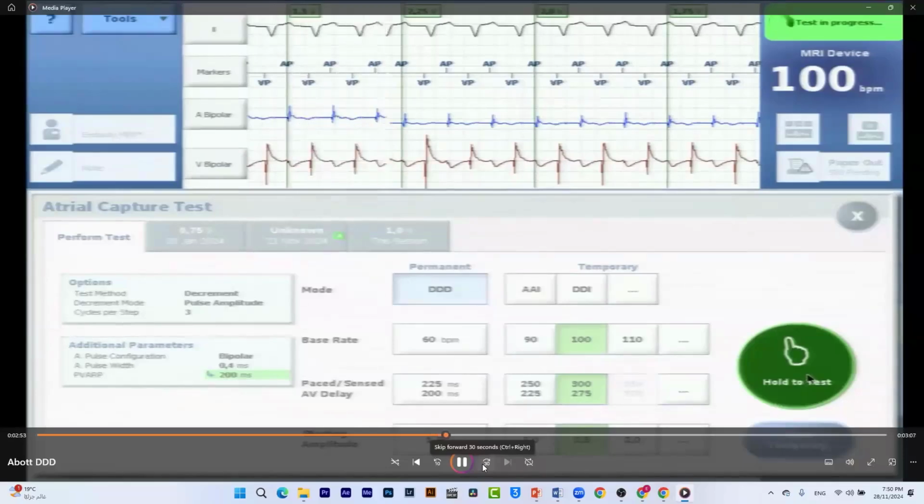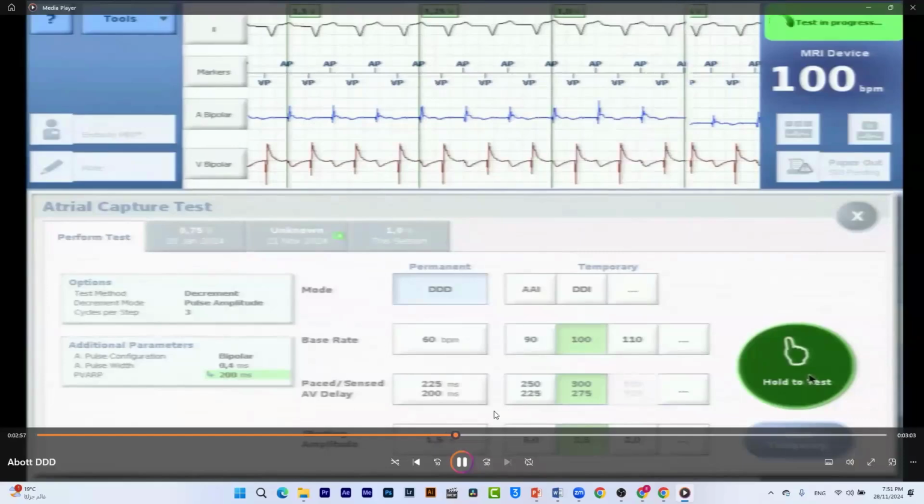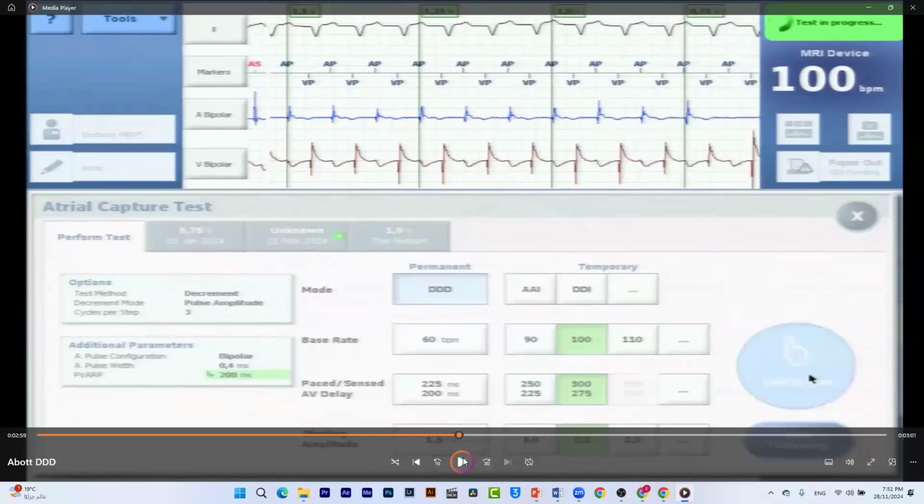And we are doing now the atrial pacing threshold. Here, in which mode did I pace? I paced in DDD mode as the patient had a rhythm around 40. So I used this pacing threshold at DDD mode and adjusted the paced and sensed AV delay, and pace rate around 100.